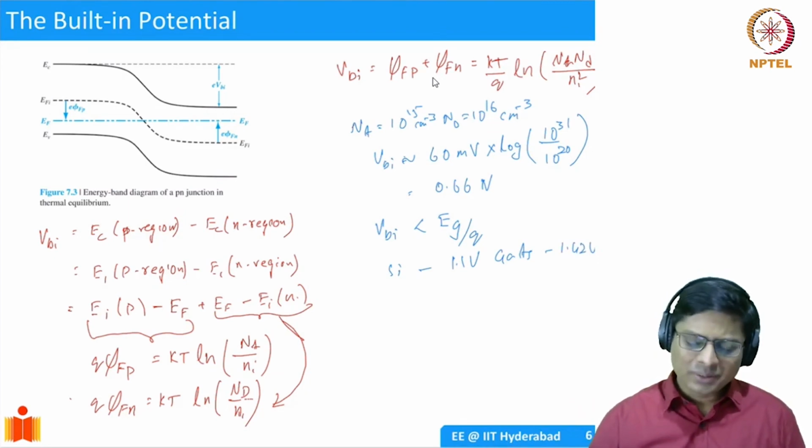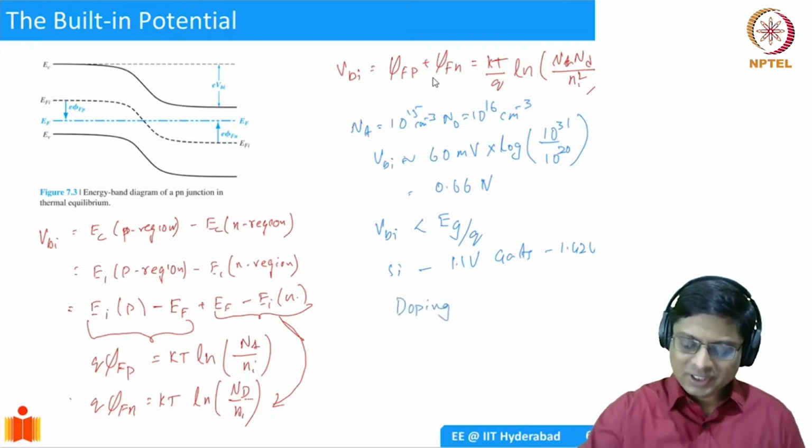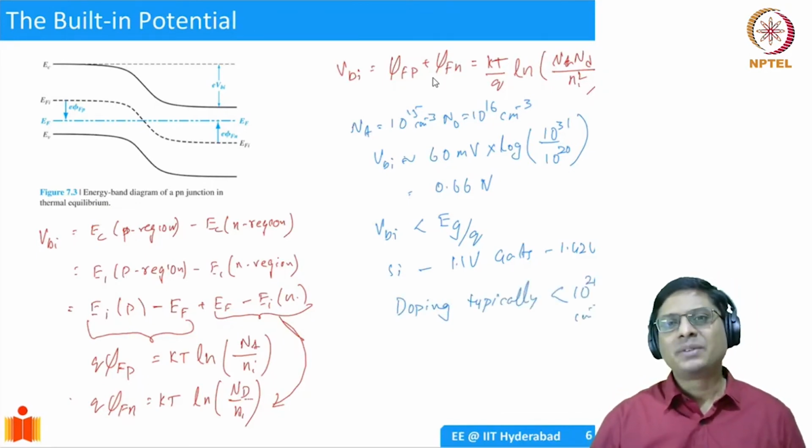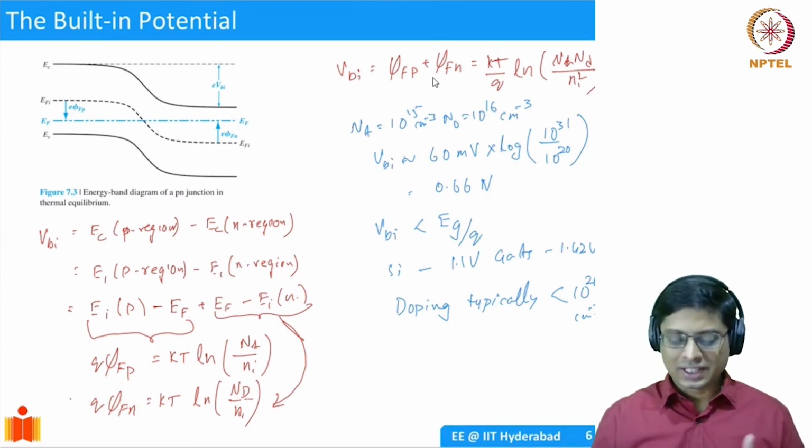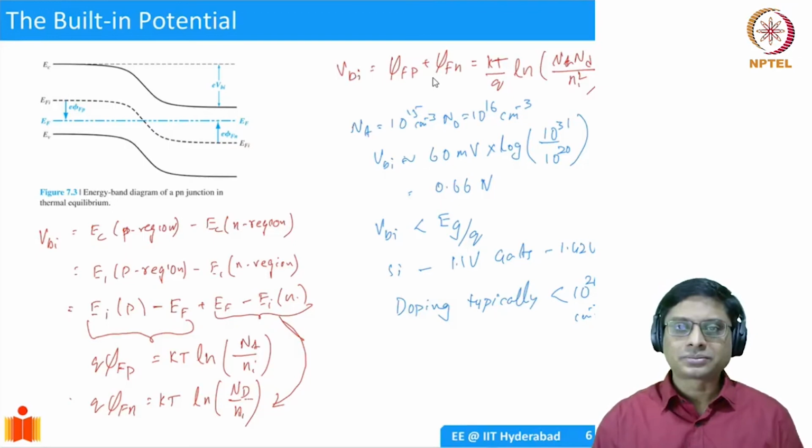Also, we should remember that the doping is typically less than 10 power 20. We don't take very, very high doping. We have seen, in the first week, where we changed the carrier doping density, as we increase the doping density, the Fermi level was approaching either EC or EV. But the rate at which it approaches slows down dramatically at higher concentrations. The reason is the carrier concentrations appear in the log term. So for a couple of orders, there's going to be a small change in EF.